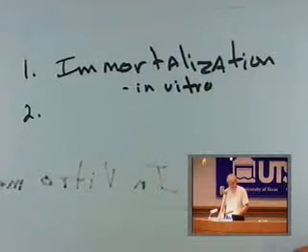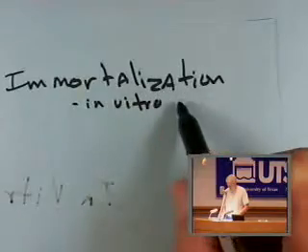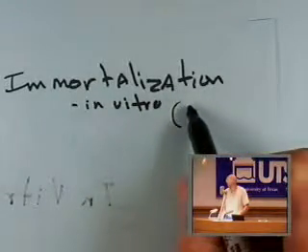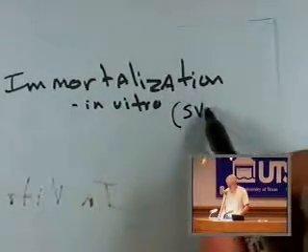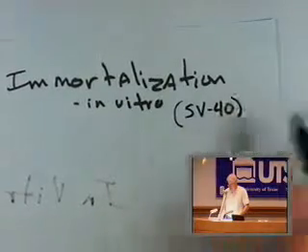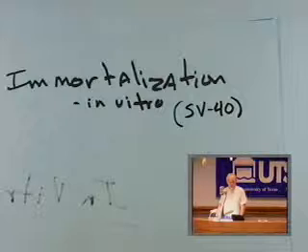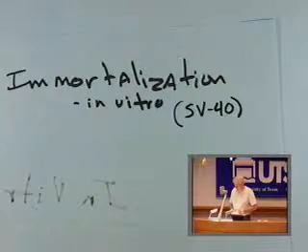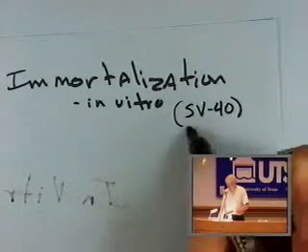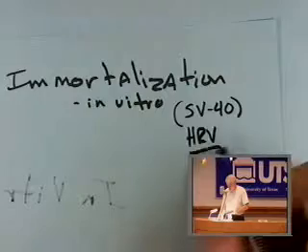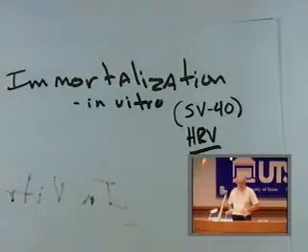A pretty typical way of immortalizing cells, although there are different ones, is using the simian virus 40 plasmid, a portion of this viral DNA, to integrate your gene into the host genome. Sometimes human retroviral DNA is also used.